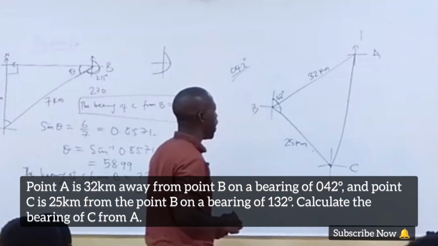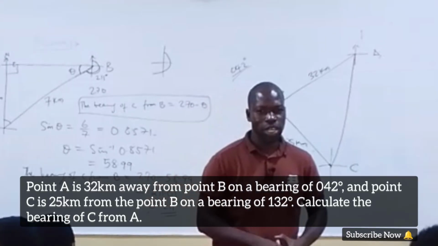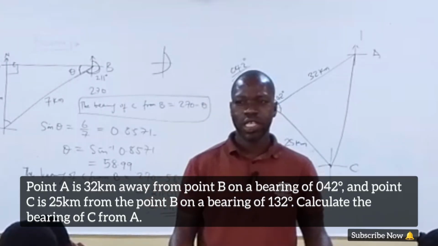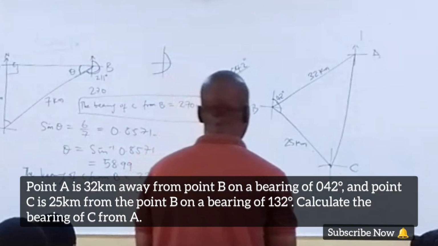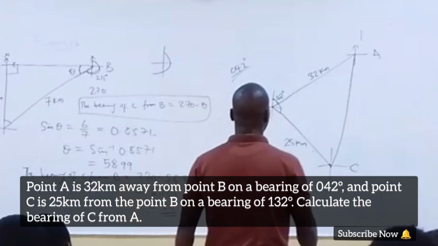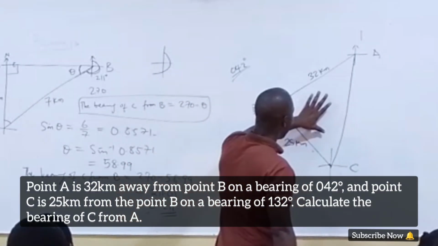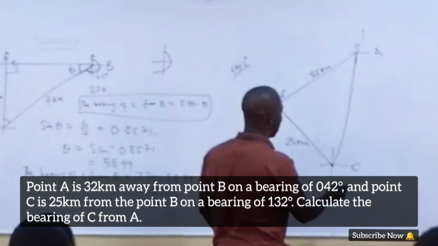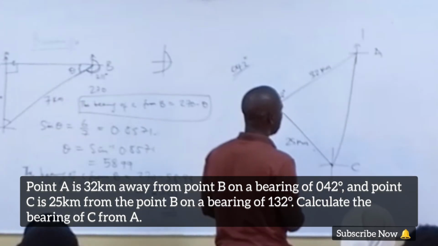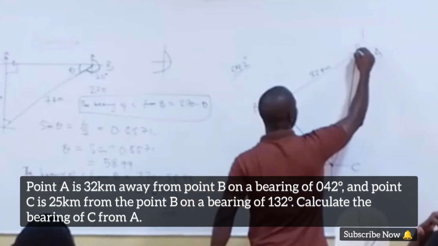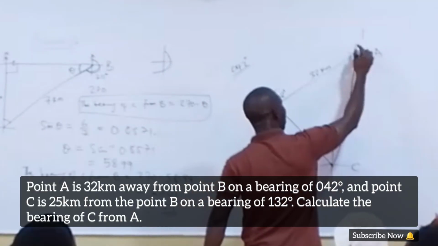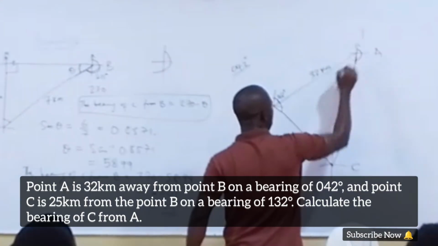Now this is where what I told you comes into play: the sine rule, the cosine rule. We are looking for the bearing of C from A, whatever angle this is going to give us.